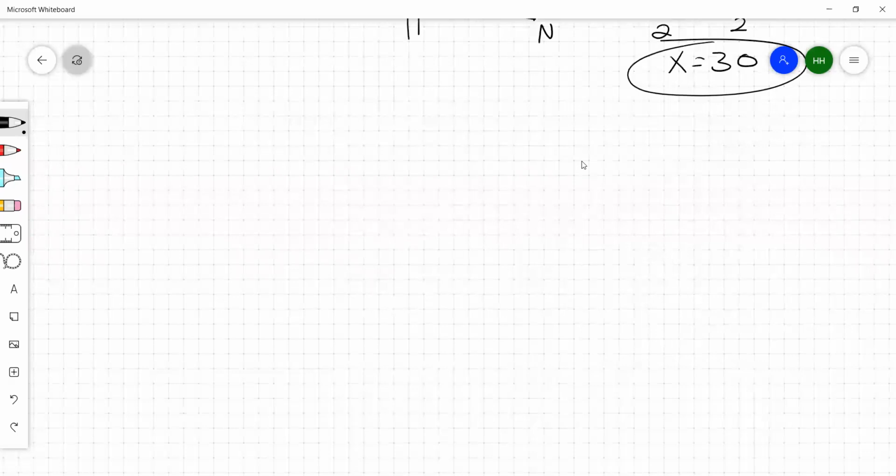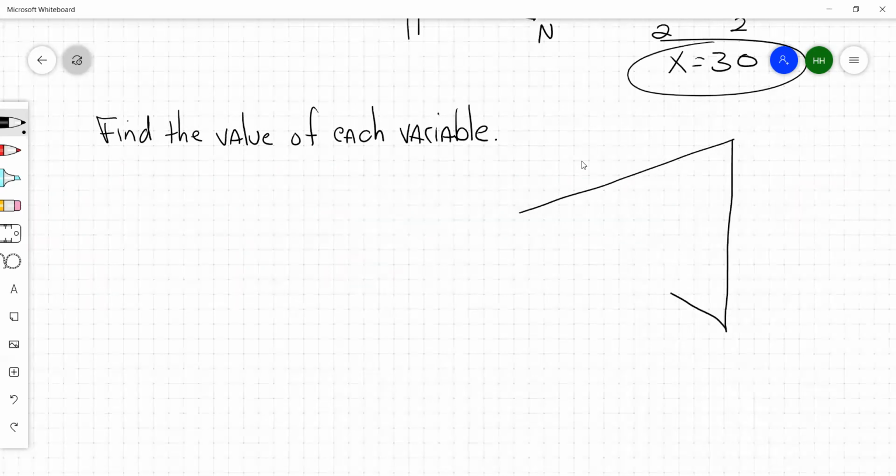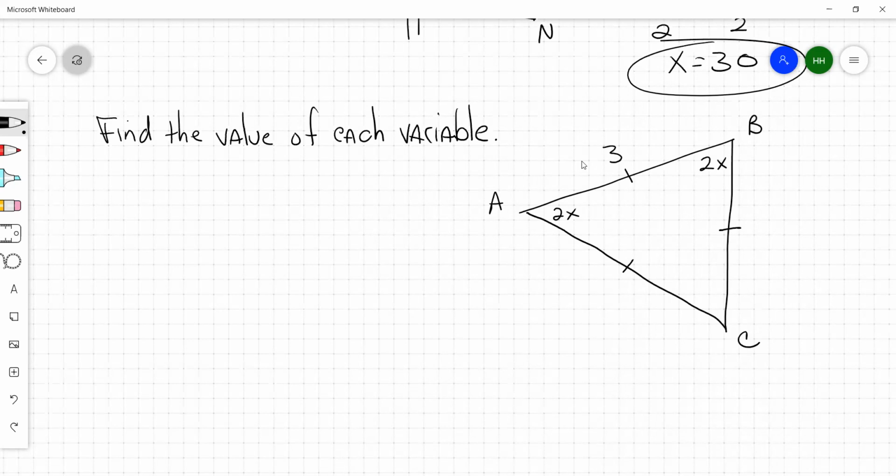So let's find the value of each variable now. So we got to find x, we got to find y.